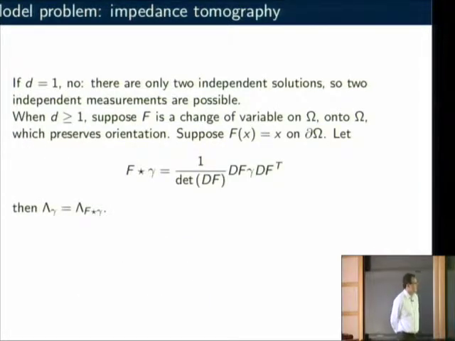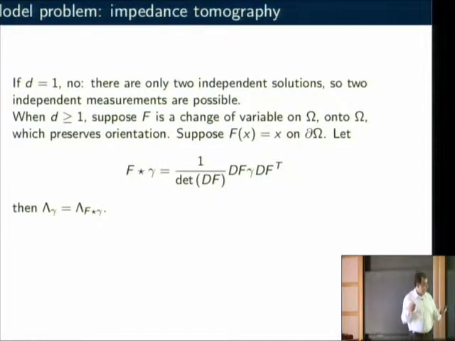In 2D, or in more, well, try to see what you can do. You could imagine, can I find gamma, or can I find gamma up to a change of variable? Imagine you have a change of variable from omega to omega, which keeps the boundary the same. So f of x is equal to x on the boundary, and does something else and twists it inside.